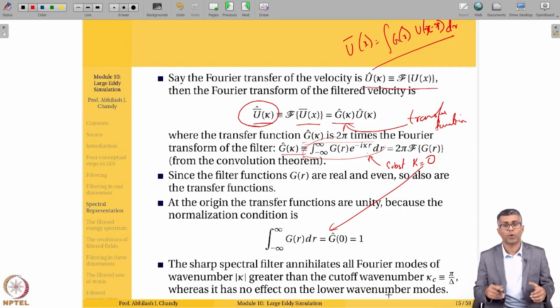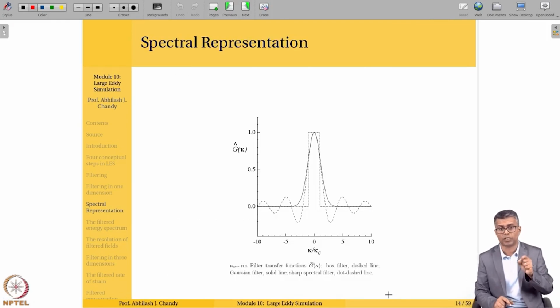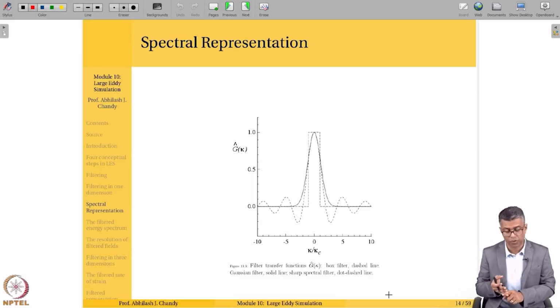Now if you have something like a sharp spectral filter, and we saw those examples, let me go back and see what this plot means. I have here the transfer function, just like previously I had the filter function shown for 3 different examples. I'm showing the transfer function for the same 3 examples, which are the box filter, the sharp spectral filter, and the Gaussian filter.